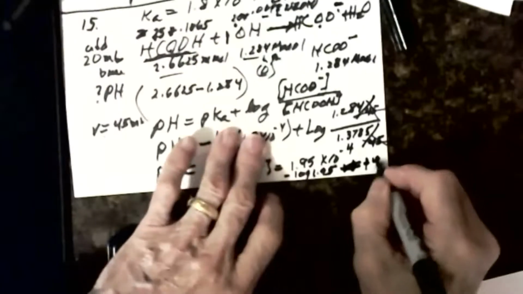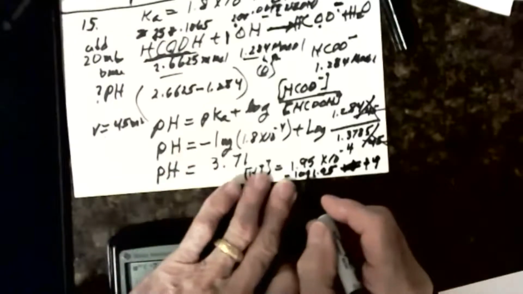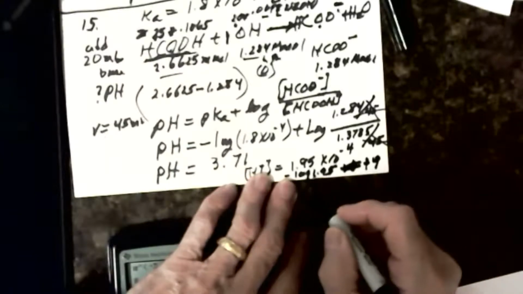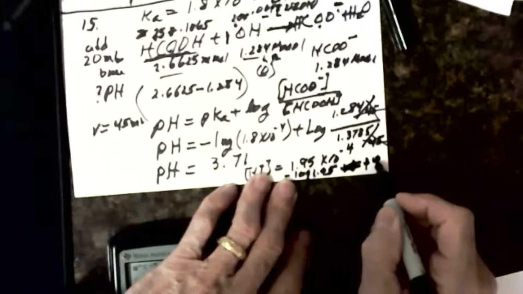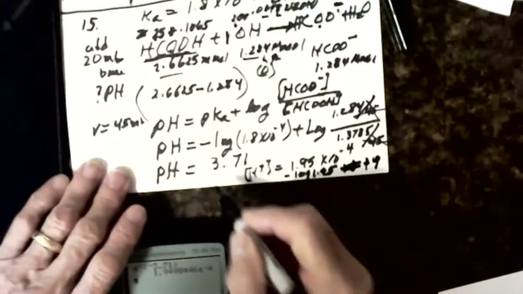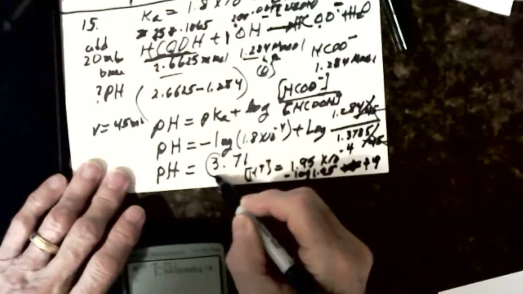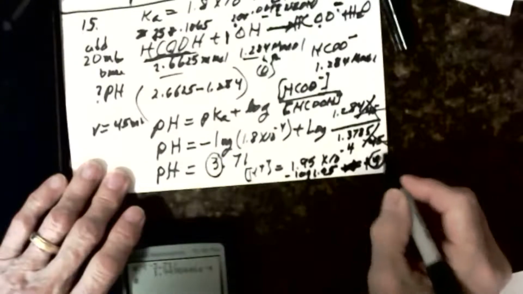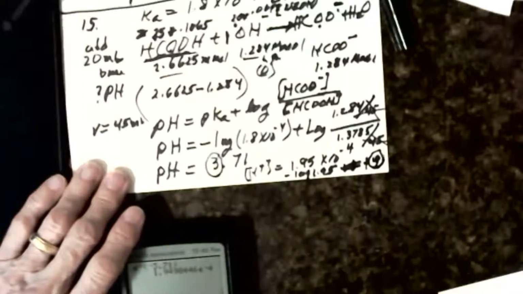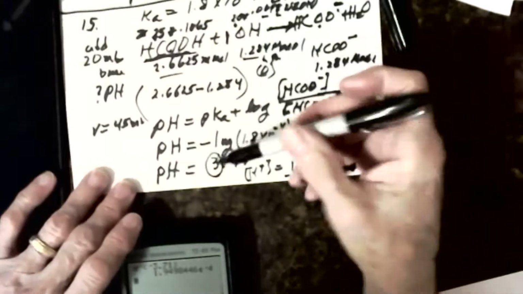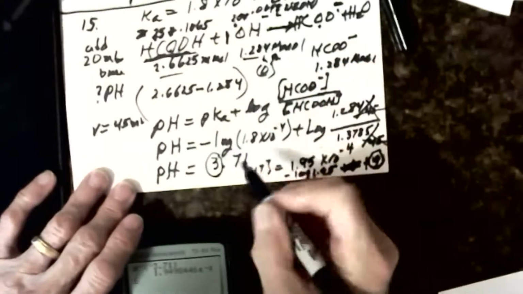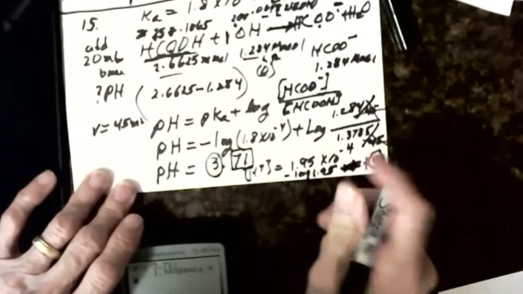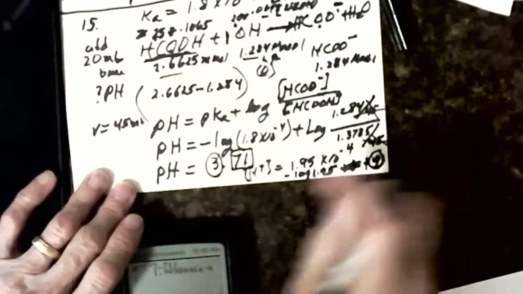So if I took negative log of this, I'll get a fraction to subtract away from 4. The point I'm trying to make is this 3 actually came from the exponent. So when you're taking a pH, you write down 3 digits, but these are the significant digits. This is only 2 significant digits. So be very careful about that.